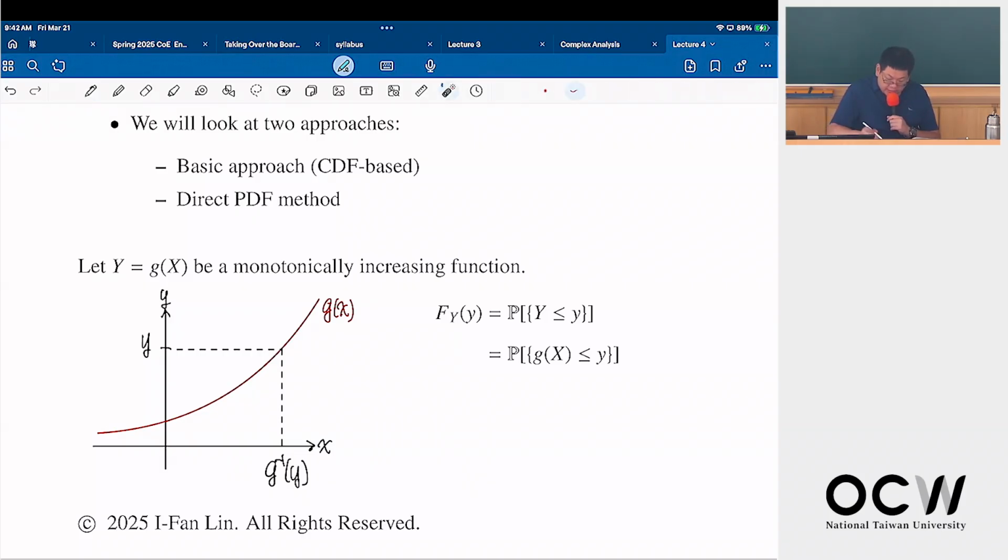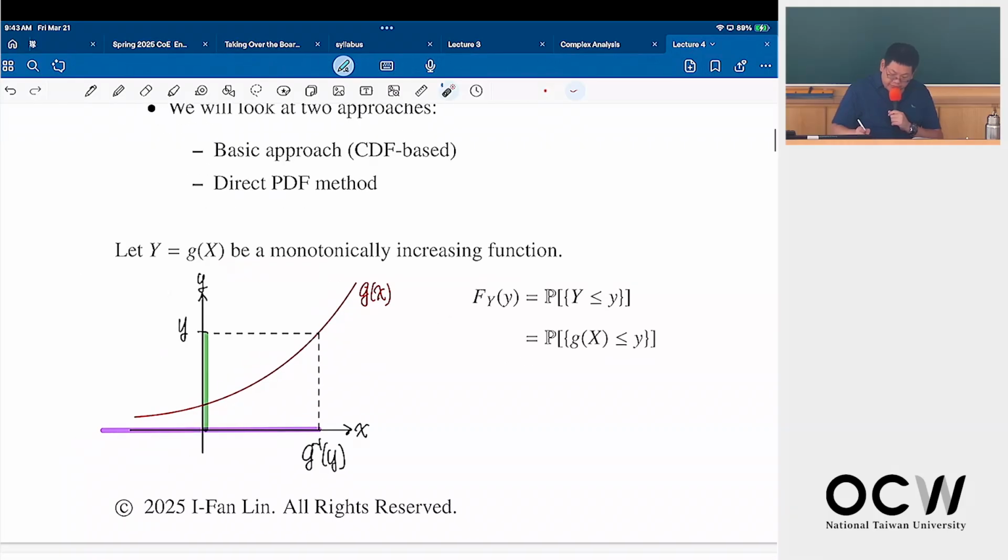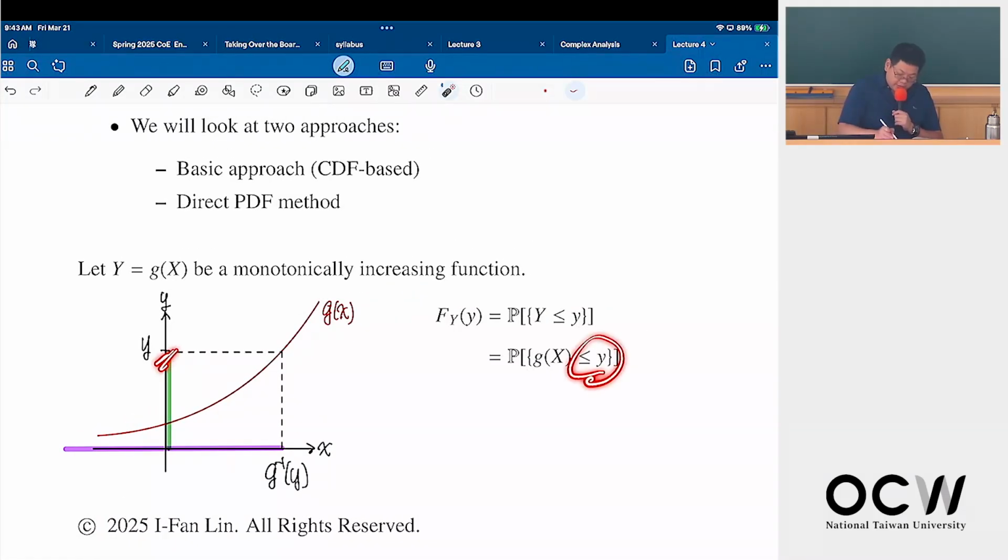And g of x is less than y. So if I want to get less than y, here y is this point, then my g inverse of y should be in this region.